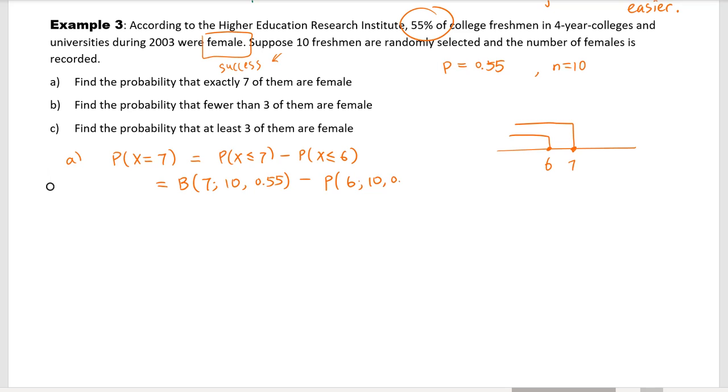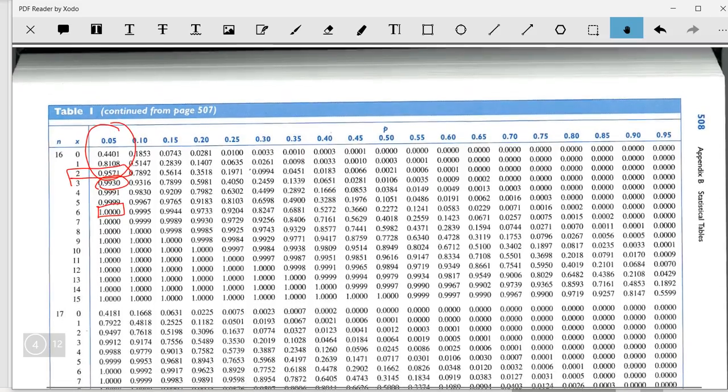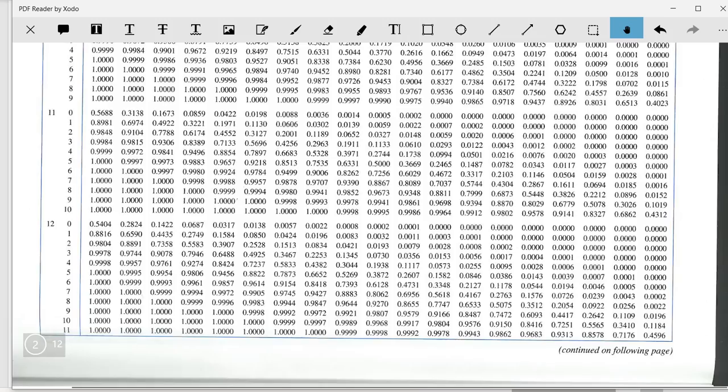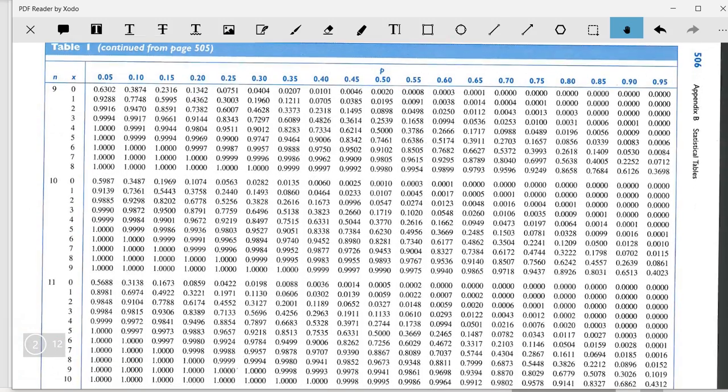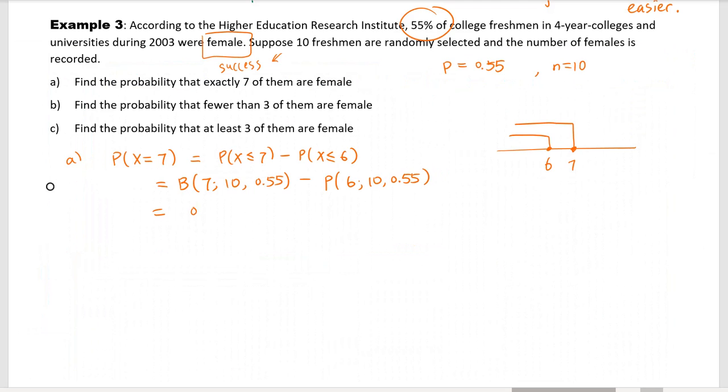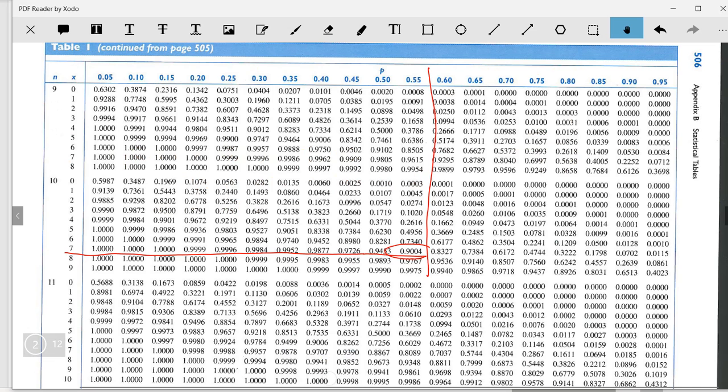For 7, n is 10, probability 0.55. Alright, let's see. Where's 10? Right here. So 7, right here, 0.55, so you see 0.9004. And what is the probability for 6, with n equals 10 and p equals 0.55? It's the same column, we just go up one entry, so 0.7340.